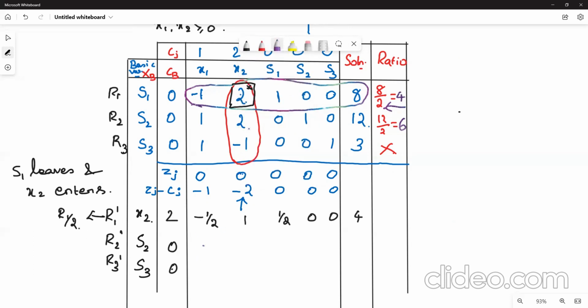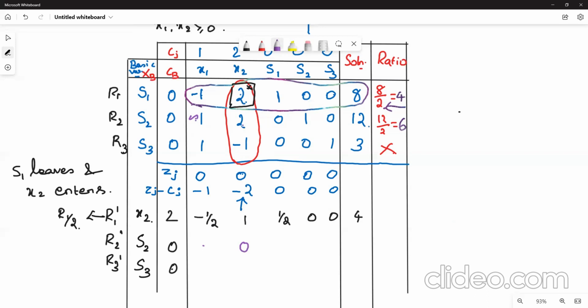Next, I have to make the remaining entries of this column 0. Take row 2. The value in this column is 2 here, and I have to make this value 0. To make this 0, I have to perform the row operation between this row 2 and this newly formed row 1. Here I have 2, here I have 1.